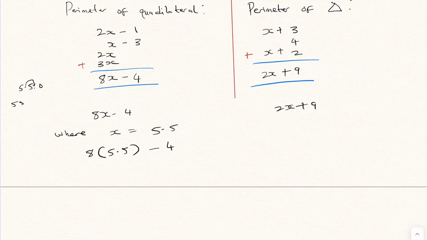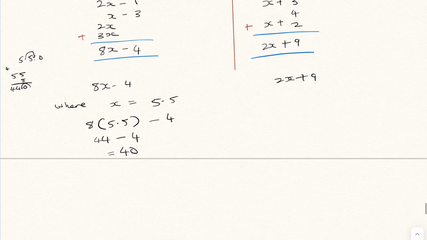So it's 55 times 8. 5 times 8 is 40, carry 4 here. 5 times 8 is another 40 plus 4, 44. So just bring the decimal point one back. So you have 44. So this is 44 minus 4, which is 40.